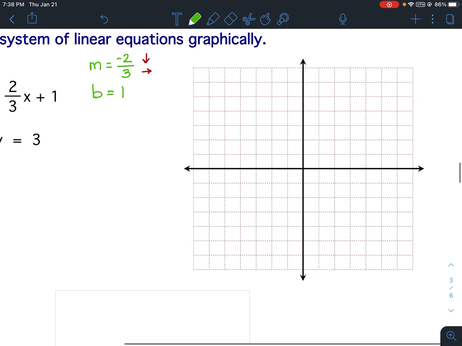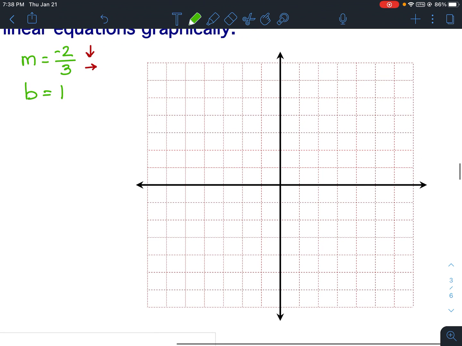So I'm going to go ahead and graph that. I start at positive 1. I go down 2, to the right 3. Down 2, to the right 3. Now I go the opposite direction. Instead of going down, I will go up 2, and then I'll go to the left 3.